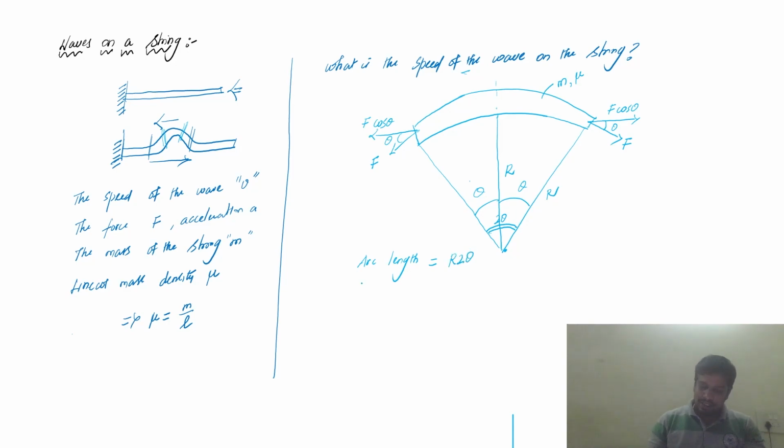Then we can calculate the linear mass density mu, which is equal to the mass divided by the arc length. So the arc length is r times 2 theta.